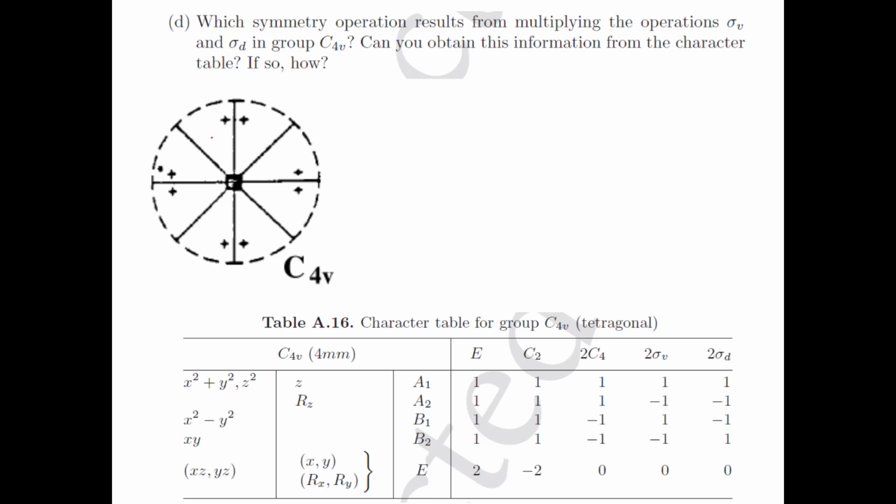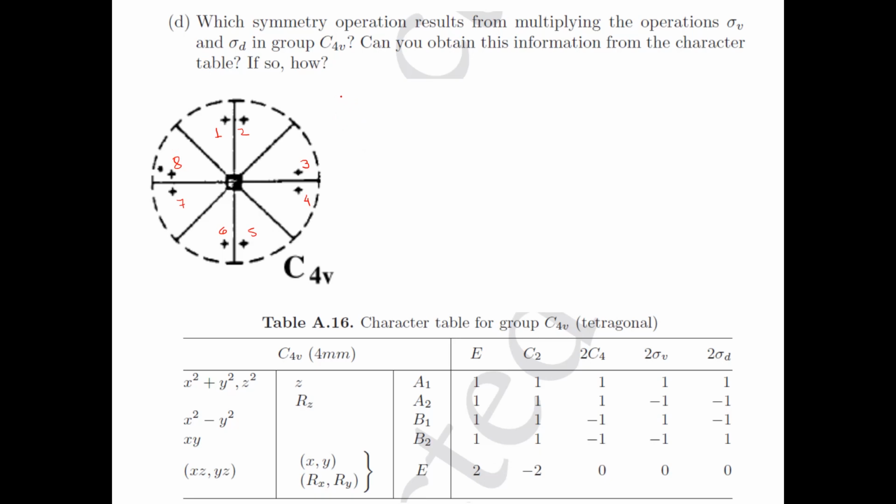So to do that, let me label those atoms here. This is atom 1, 2, 3, 4, 5, 6, 7, 8. And I have to combine sigma v and sigma d.